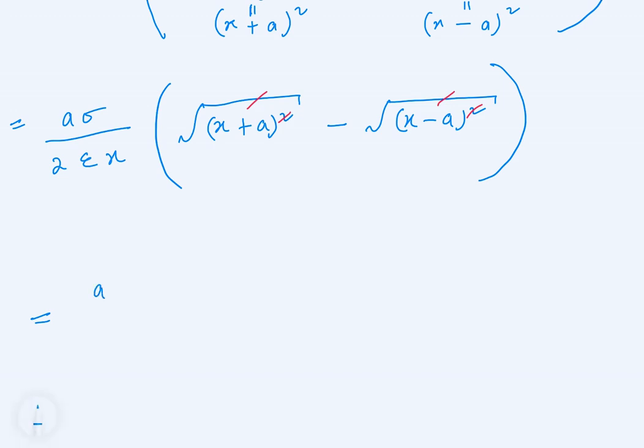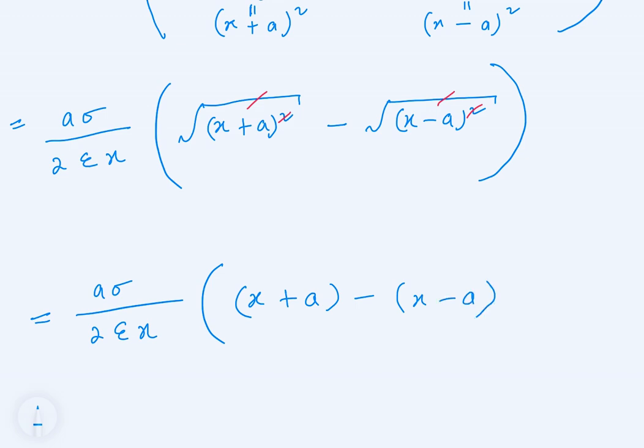Now we have a sigma over 2 epsilon x multiplied by the following. Inside the bracket we have x plus a, minus x minus a.